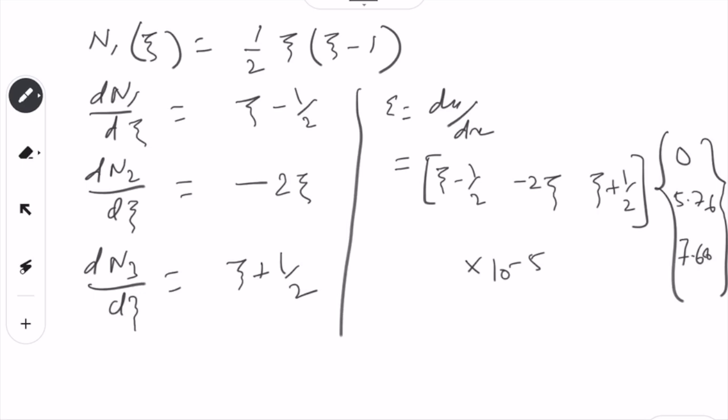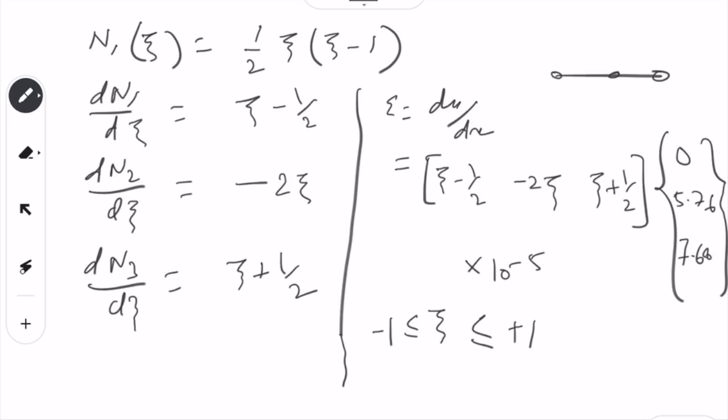This is the strain. Depending on xi it is going to change, where xi moves from minus 1 to plus 1 within the element. This element number 1 goes like this.